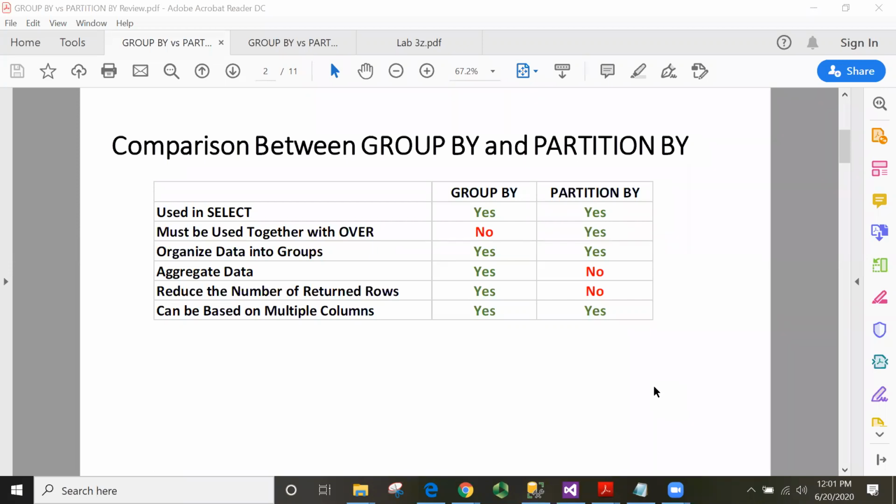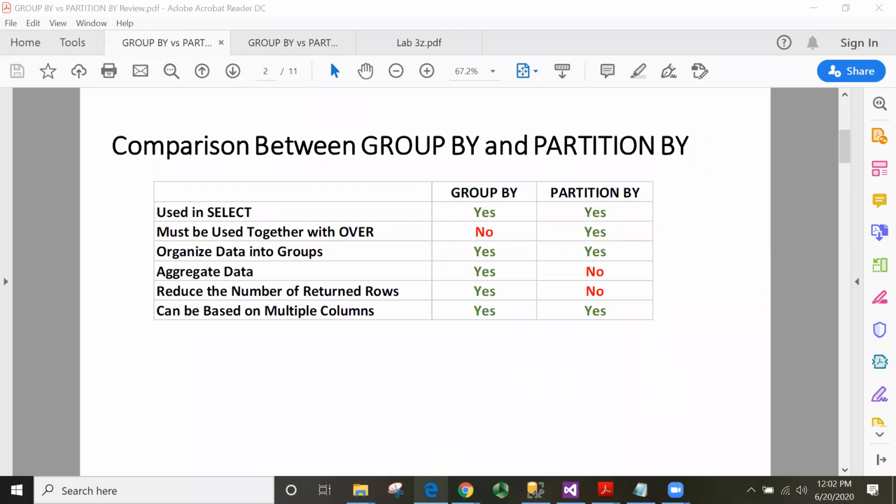You can use some other ways, but the easiest way is to use the ranking function. If we want to use the ranking function, we would use partition by, right? It's just a better way, the easiest way, the most efficient way. And then we know we have to use group by because we want to aggregate data, right? We want to summarize data. So simply speaking, we need to use both.